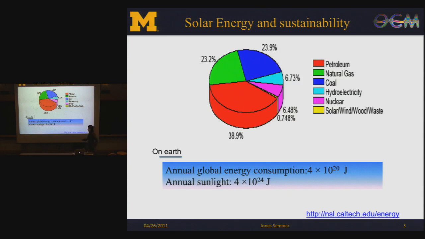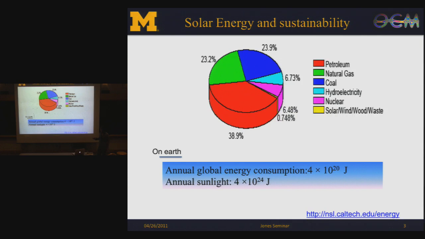But in contrast, renewable energy like solar, wind, and wood waste occupies less than 1% of the energy consumption. So what are we going to do? When we look out at New Hampshire, look out at the USA, look out at the Earth, there is a tremendous amount of solar energy available that's illuminating our Earth.